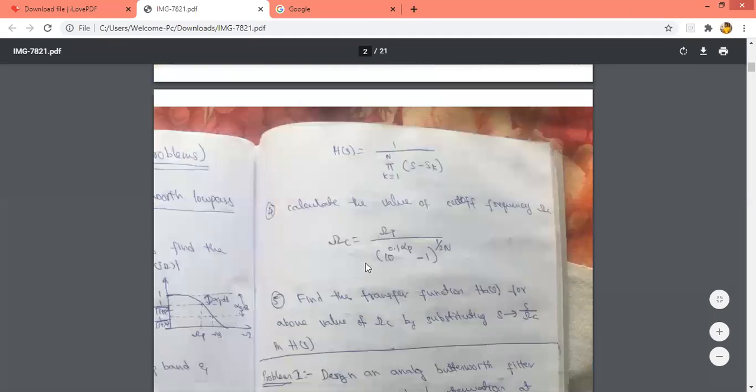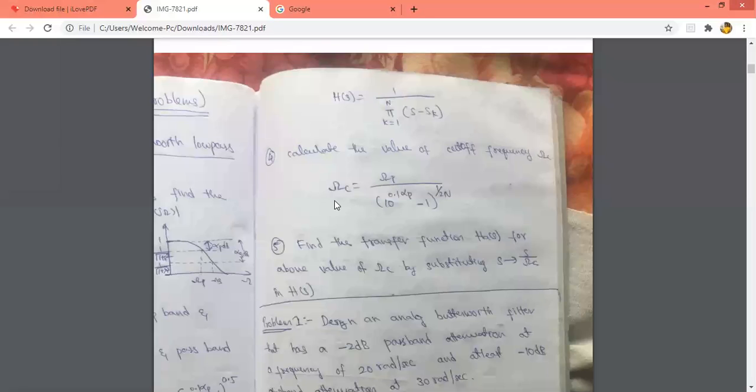The cutoff frequency is given as omega c is equal to omega p divided by (10 power 0.1 alpha p minus 1) whole power 1 by 2n. This is the formula we use to find the cutoff frequency. After finding the cutoff frequency, we have to design a low pass filter with the given cutoff frequency omega c.